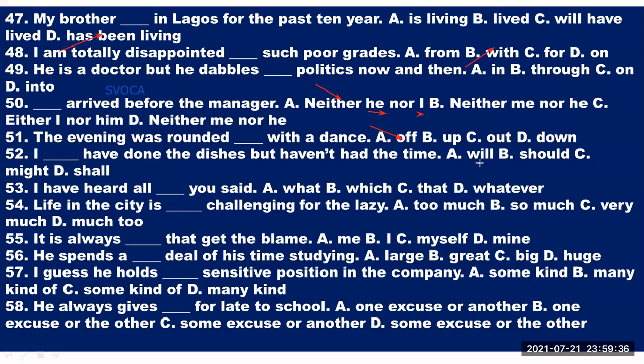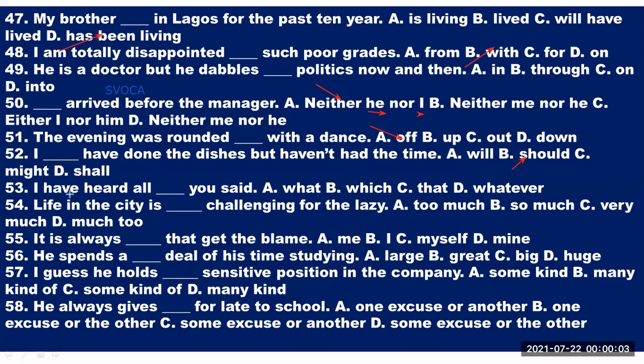So we cannot use will. We use will to report a future intention or a future action, but certainly not a completed one. So B, should is correct. I should have done the dishes, but haven't had the time. I might is not correct. I shall is not correct.